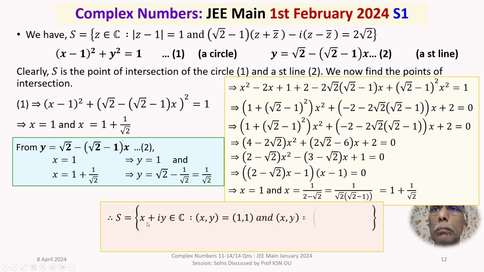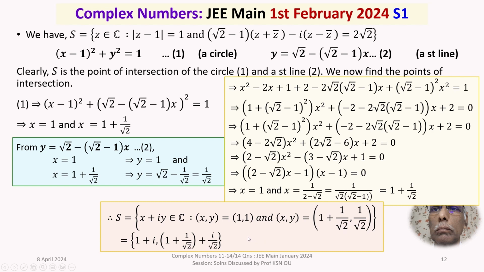S is x plus iy belongs to C, where x comma y is 1 comma 1 and x comma y is 1 plus 1 by root 2 comma 1 by root 2. Right. So this is 1 comma 1 means 1 plus i, and this is 1 plus 1 by root 2 real part plus i by root 2 as complex number.